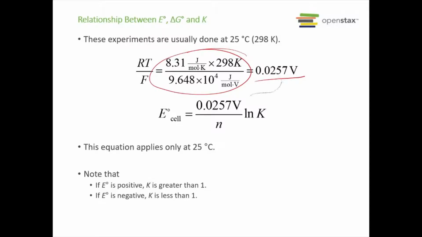And so then the potential for the cell reduces to 0.0257 volts over N, the number of moles of electrons, times the natural log of K. Only at 25 degrees Celsius, though. Keep that in mind. If you are at a different temperature, then your T in this term is going to change. So if your cell potential is positive, your K is greater than 1. If your potential is negative, K is less than 1.